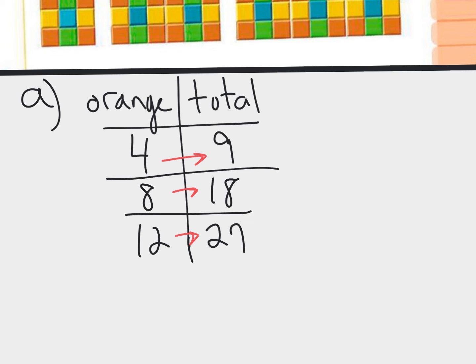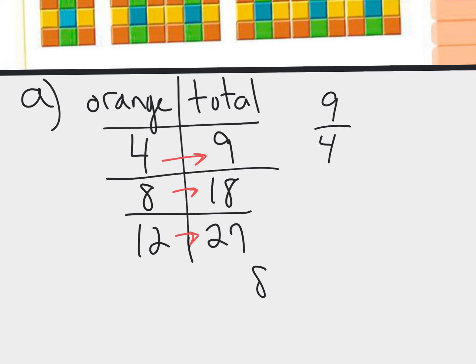Well, 4 plus 5 is 9. 8 plus 5 would be 13, not 18. So they're not just adding 5. Maybe they're multiplying by something. Well, to figure out what they're multiplying by, we could take the bigger number divided by the smaller number, 9 divided by 4, which would be 2.25, or you could just leave it as 9/4.